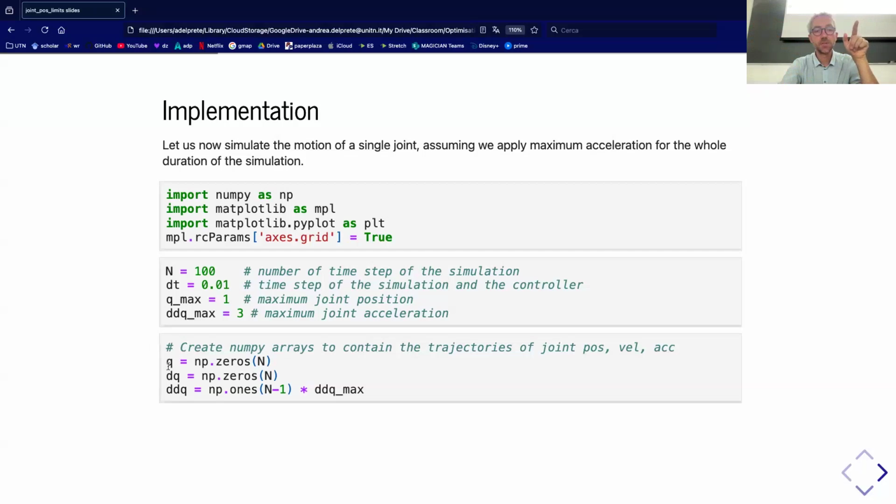I'm doing that for the joint positions q, the joint velocities dq, and the joint accelerations ddq. The joint accelerations I'm immediately setting equal to ddq max, because I'm creating a vector filled with ones and then scaling it times ddq max. So it's going to be filled with basically 3 in this case.